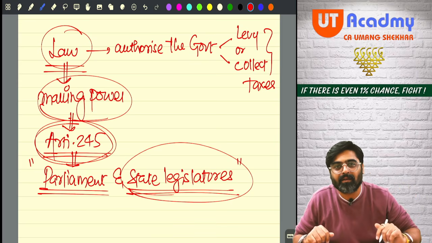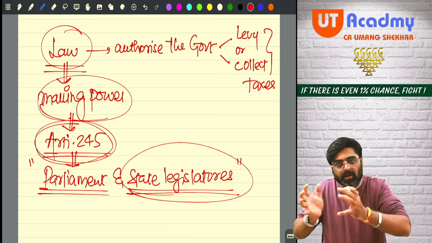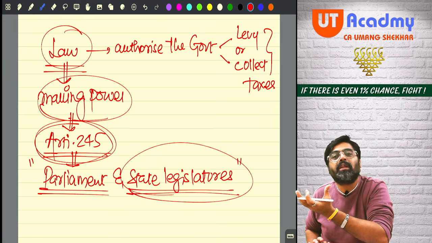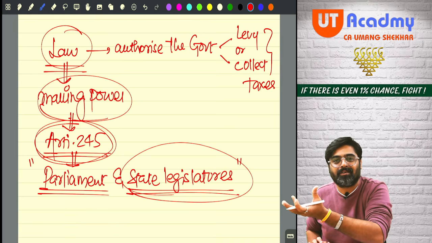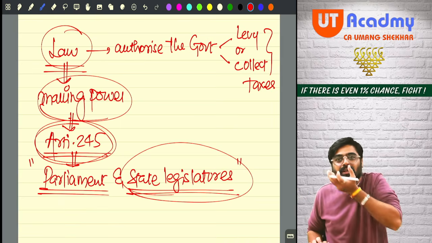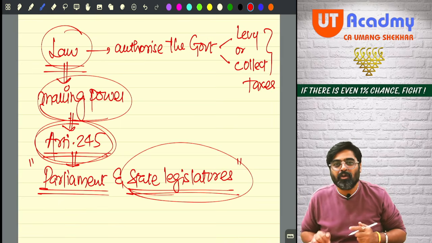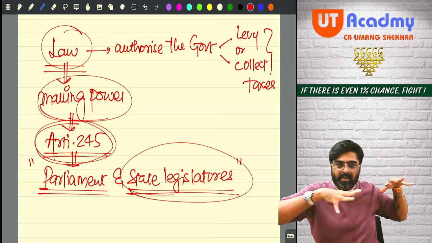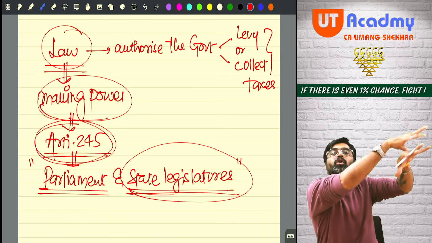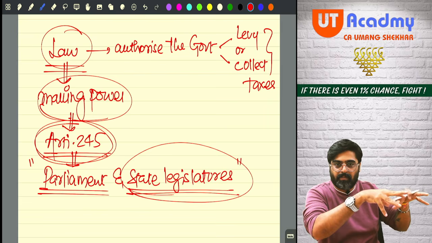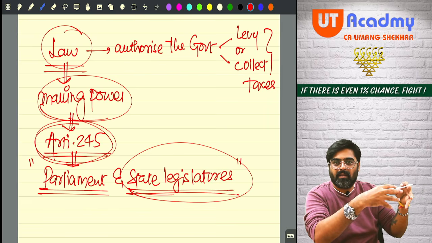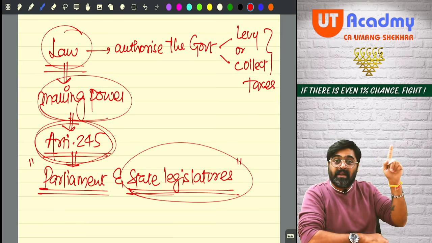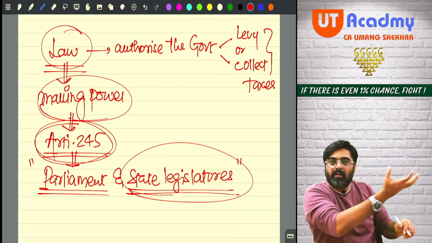What is Parliament? Parliament is nothing but a body of all the representatives, MPs, who are elected amongst us only, no? So in my constituency, there are many people. Out of those people, there are 3-4 people who are fighting election. We all will be choosing the best candidate out of them.